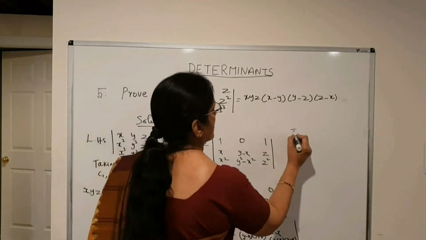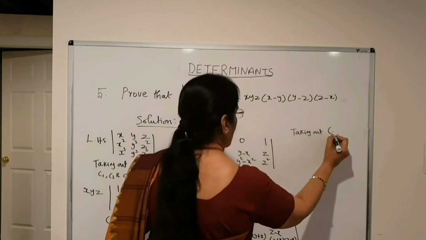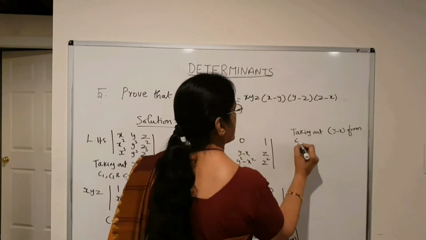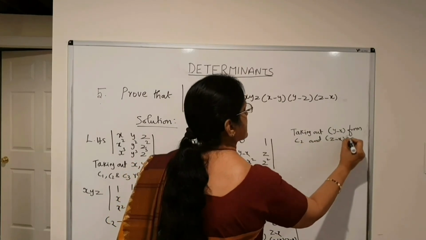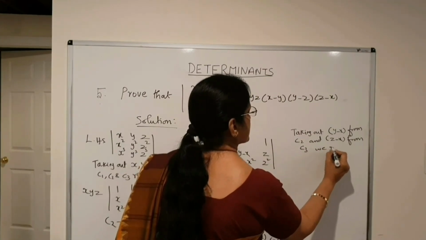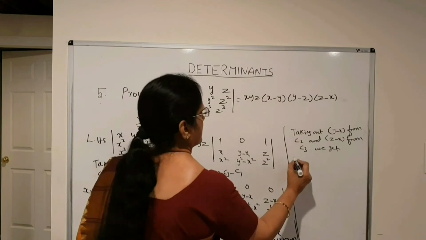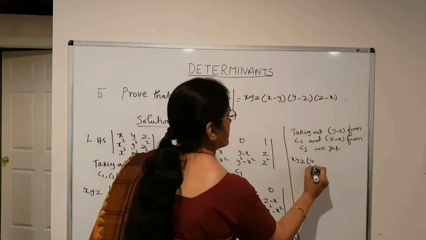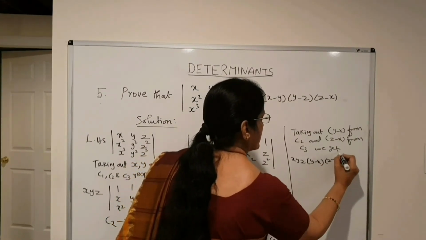So, taking out y minus x from C2 and z minus x from C3, we get x, y, z into y minus x into z minus x into the determinant.